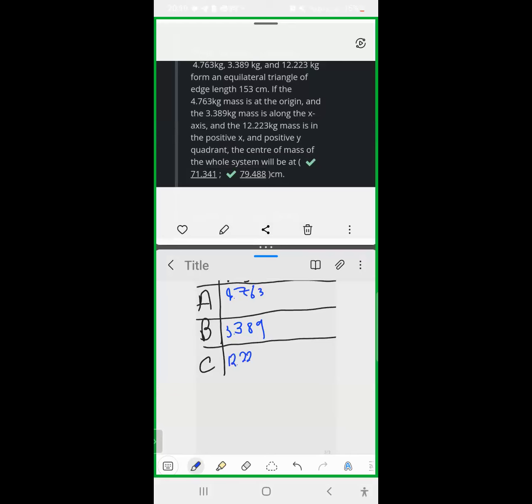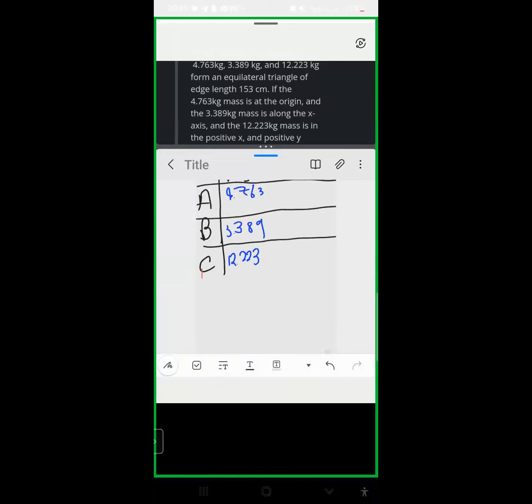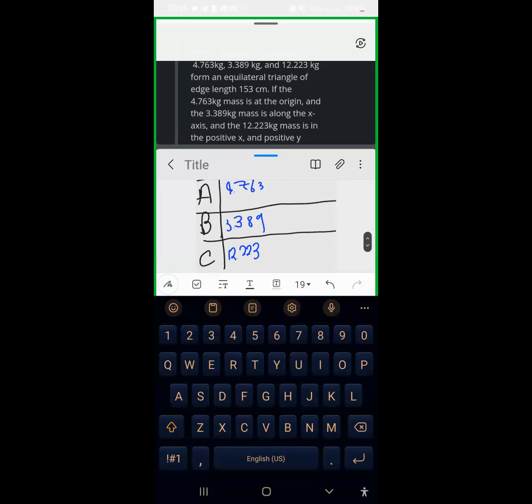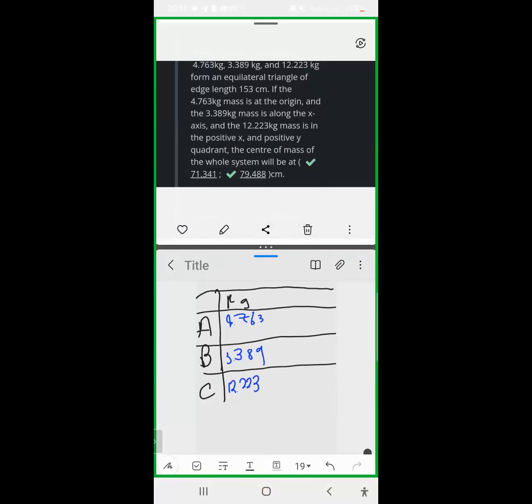So that will be our second column, the masses.